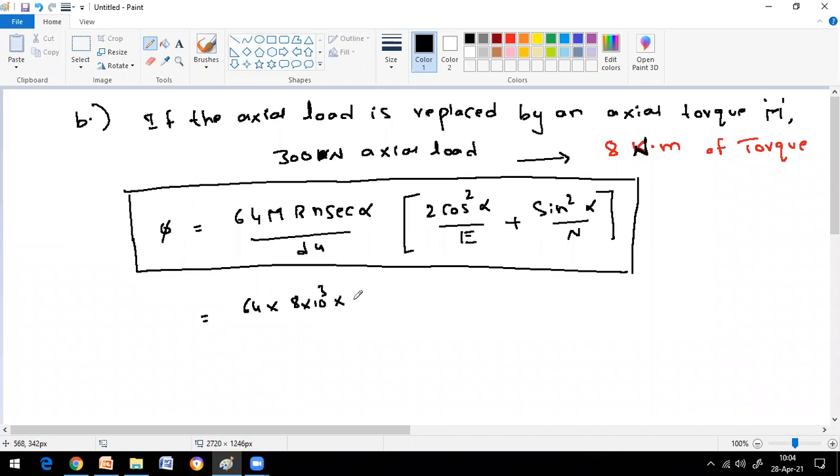64, 8 into 10 cube, into, and what is the radius of the coil? 50. Number of turns 12. Secant 12 degrees.